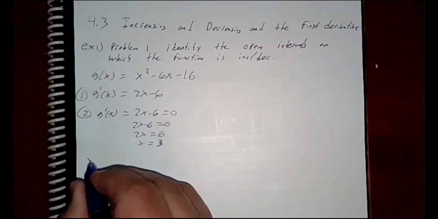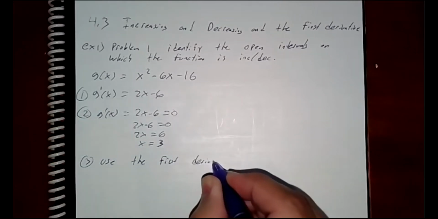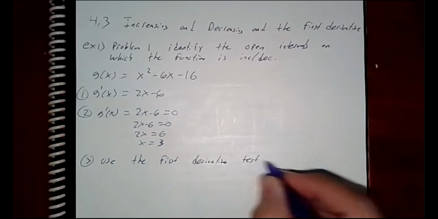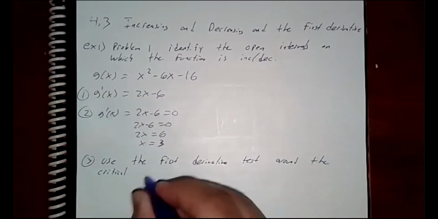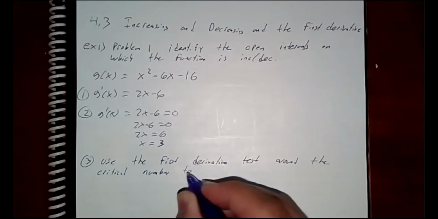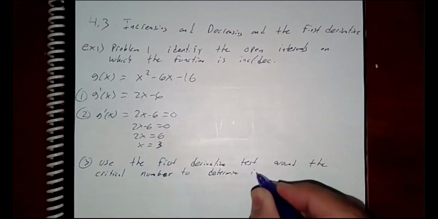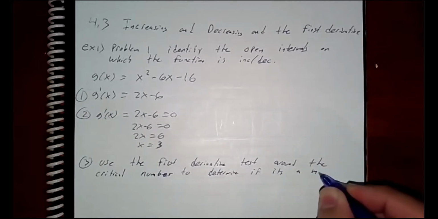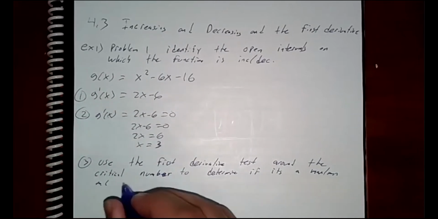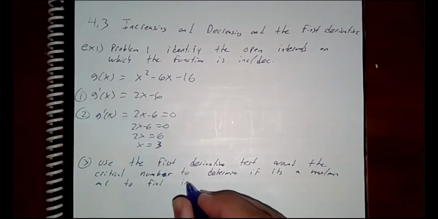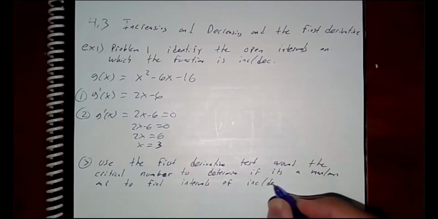So number 3, use the first derivative test around the critical number to determine if it's a max or minimum, but also to find intervals of increasing / decreasing.